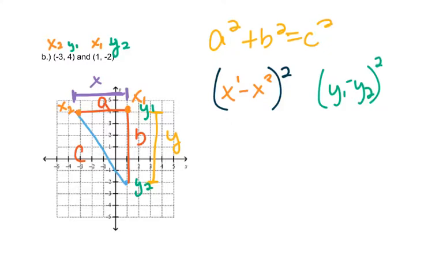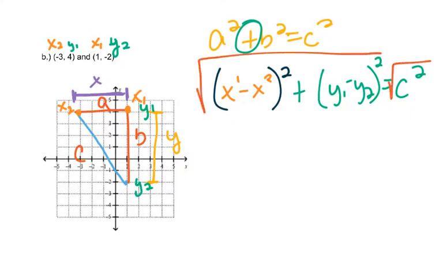And we squared that, and then we added them together, right? Because that's what we did right here. Then we have equals c squared. So how do you get rid of the square, since c isn't by itself? We had to take the square root of all of that, right?